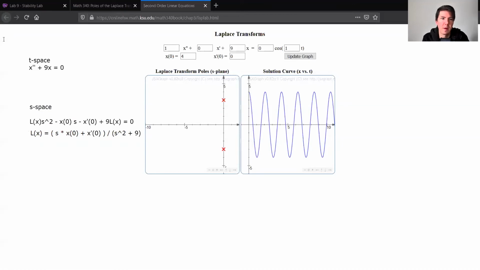So the Laplace transform of x is equal to all this here.